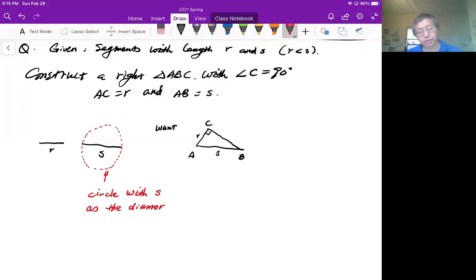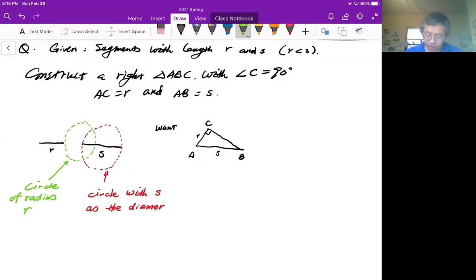C must be on the circle of radius R from A here. So I'm going to draw a different circle, another circle somewhere here. I can draw a circle in this way. So this is a circle of radius R. Can you see that?